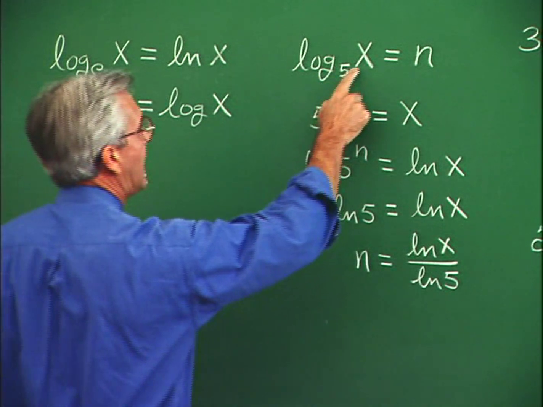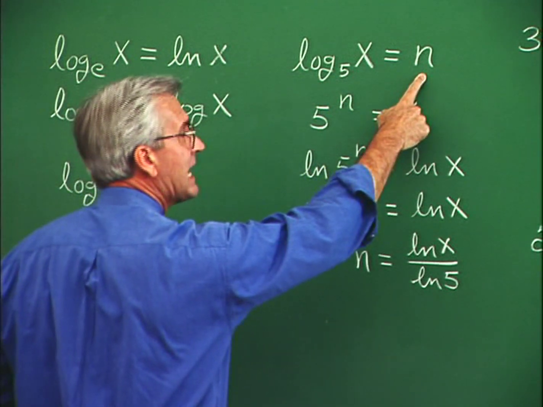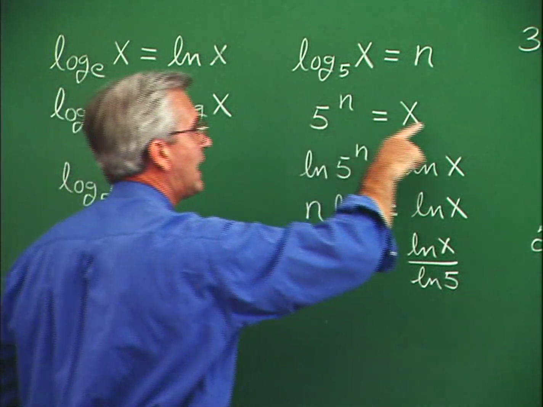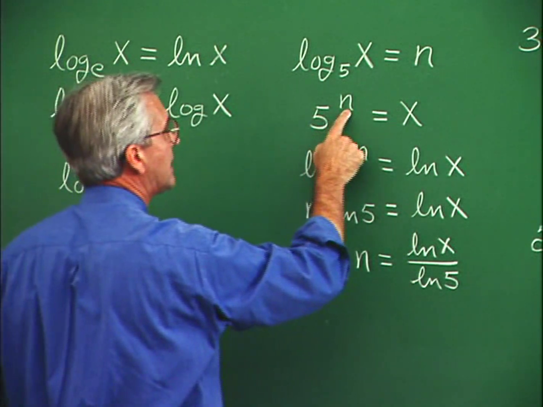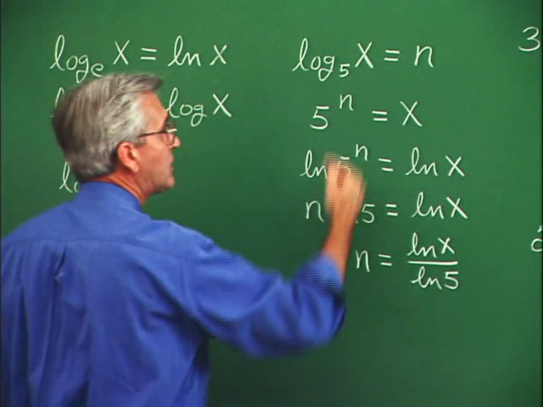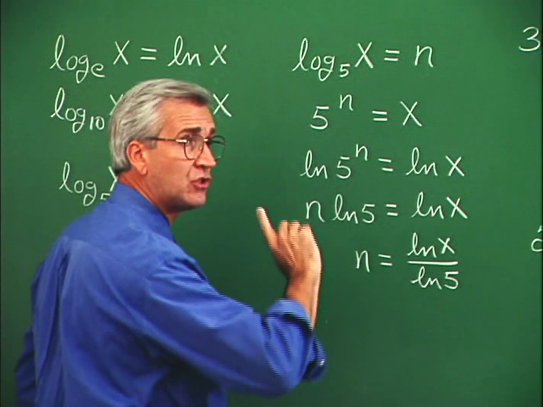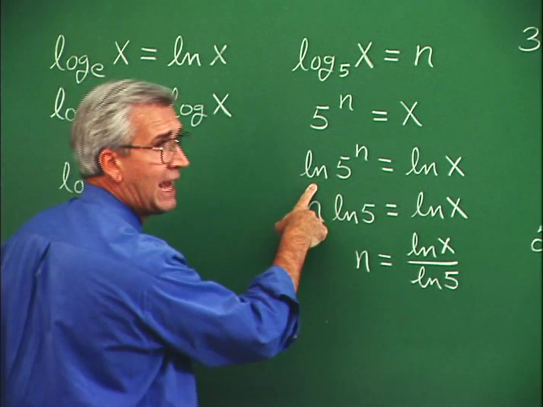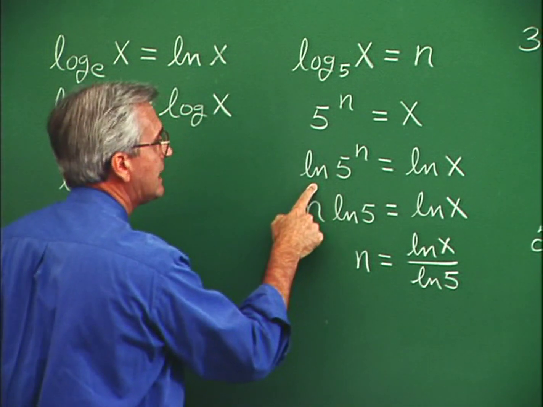Here's log base 5 of x. I'm setting it equal to n. And now I'm just going to take this logarithmic form and go into exponential form. It's 5 to the n equals x. All right, now let's come back to log form and let's change the base. Let's go into another base. I'm choosing the natural log here.